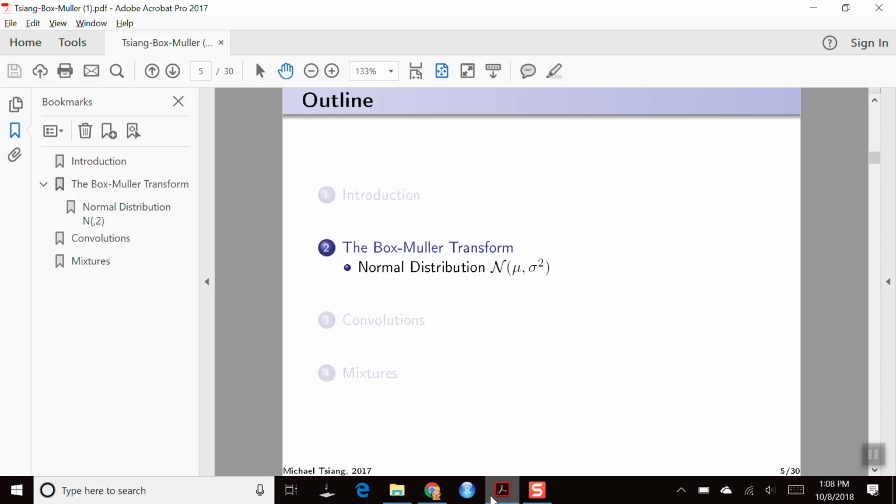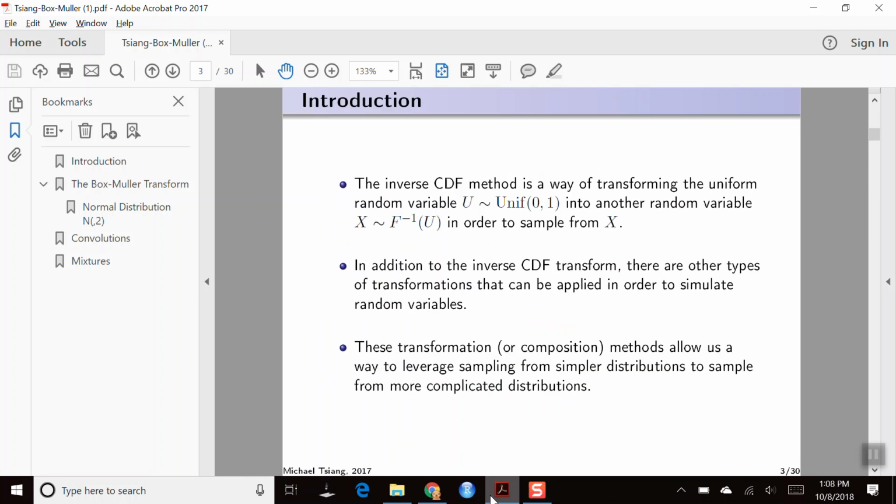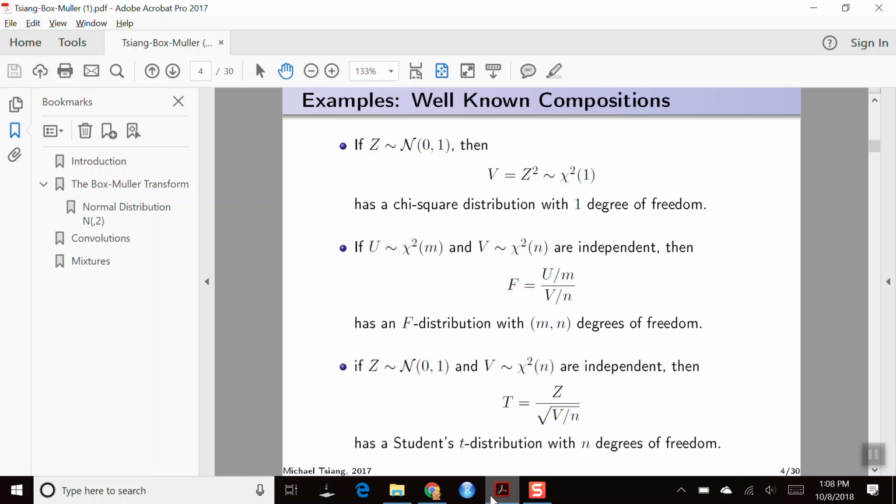The Box-Muller transform falls under a general category of compositions, which is using the known relationships between distributions, and I imagine this was covered in 100B, to generate random values.